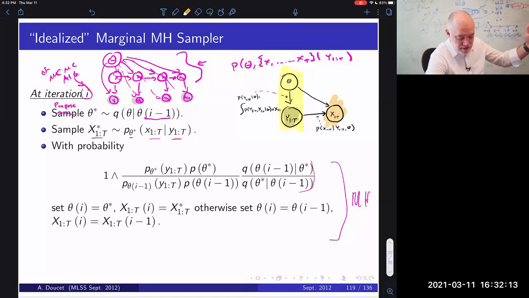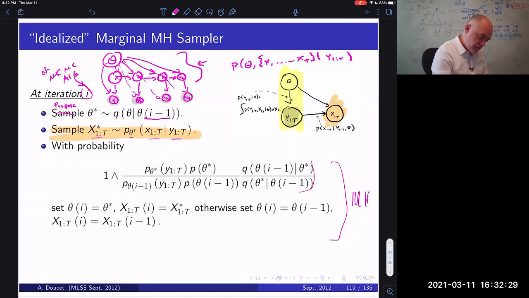In other words, posterior samples of theta will give you, you sample theta, and then you sample x1 to t given those values, right? So that's what's happened. So just to be clear, this part is orange. This part is yellow.